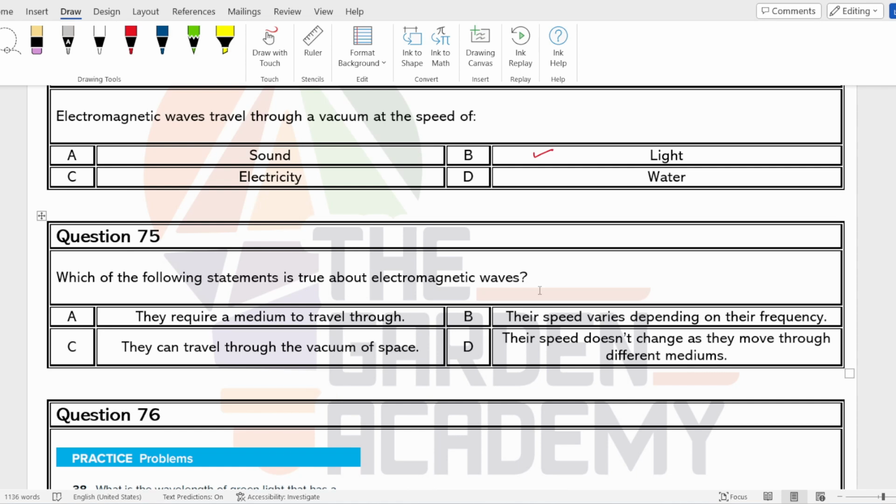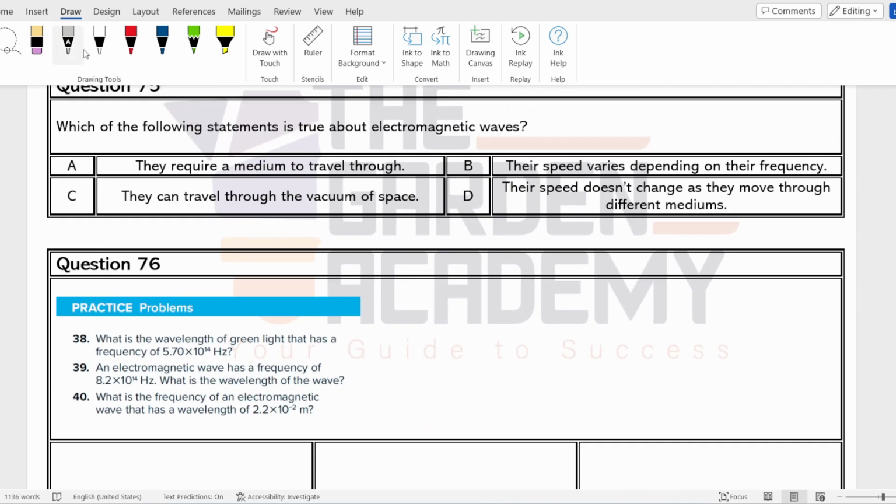What about water? This also means that the speed will also go down. فبالتالي لازم نعرف بأنه regardless of the type of the electromagnetic wave, they all have the same speed in the same medium. طيب, إذا بناء على ذلك, they can travel through the vacuum of the space is the true one.